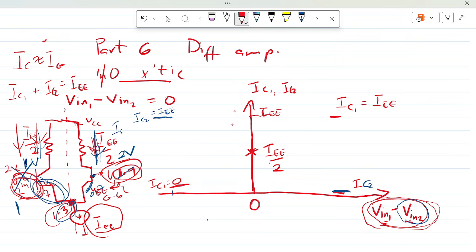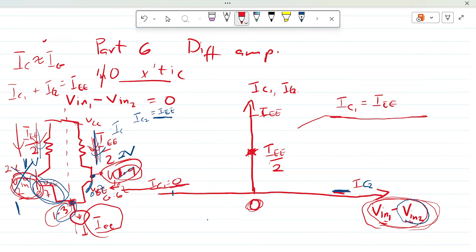Okay, so I have 5 points that I can plot. So I know from here it goes like that up to infinity, and this one too goes like this up to infinity. But in the middle, when the differential input is 0, I would just try and join them.